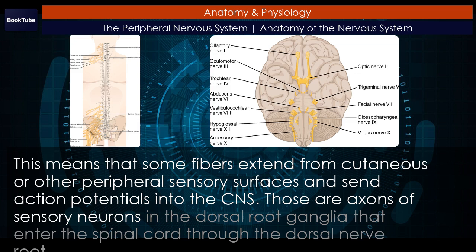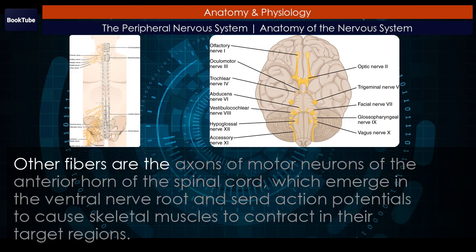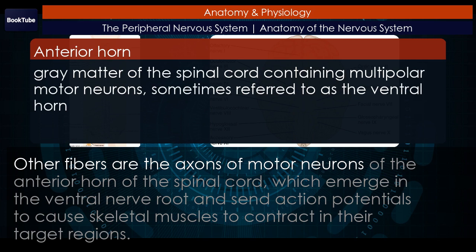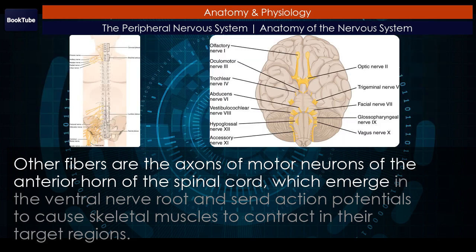Those are axons of sensory neurons in the dorsal root ganglia that enter the spinal cord through the dorsal nerve root. Other fibers are the axons of motor neurons of the anterior horn of the spinal cord, which emerge in the ventral nerve root and send action potentials to cause skeletal muscles to contract in their target regions.